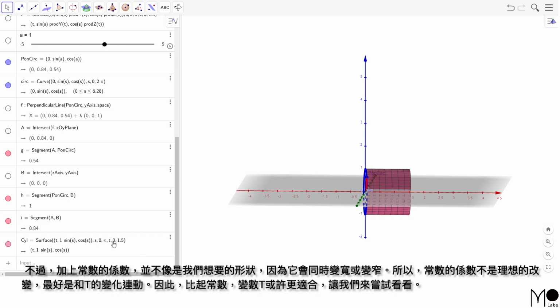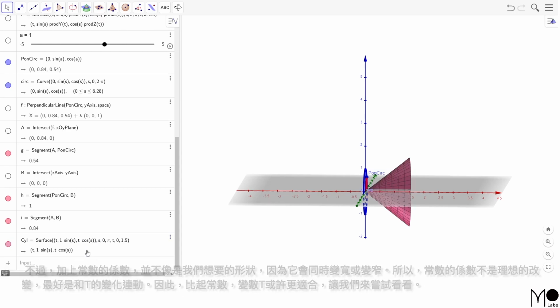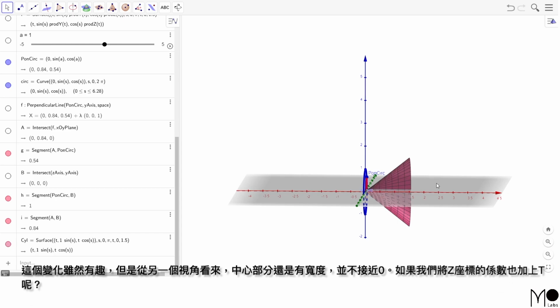That's what I did here, t from 0 to 1.5. And so if I scale with 0 here, then it will be extremely narrow, and in the middle it will be higher if I choose not a constant factor, but a factor of t. Okay, so the thickness is 0 here and gets greater upwards there.